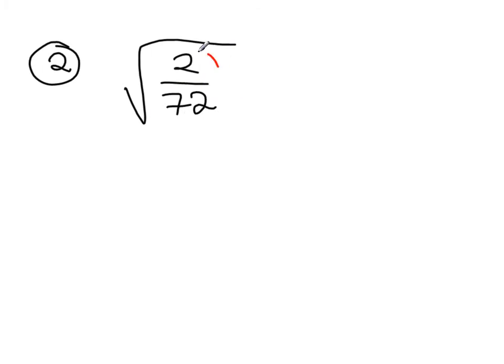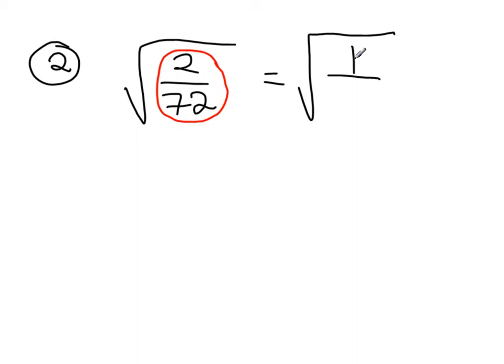When I look at the radicand, currently there's not a perfect square jumping out at me, at least not yet. So my goal is to try to simplify the radicand to see if maybe a perfect square will come out. And sure enough, I can reduce the top part of the fraction by 2. 2 goes into itself once, and 2 goes into 72 36 times. Now I see a perfect square.